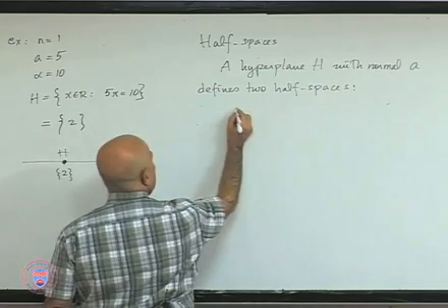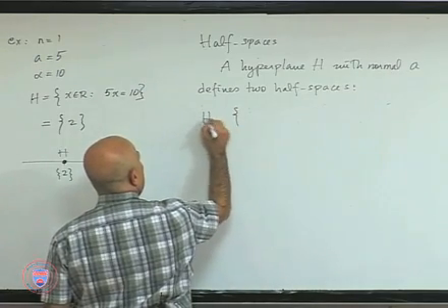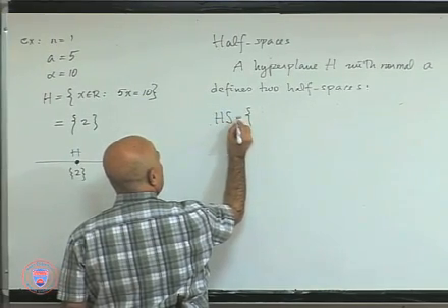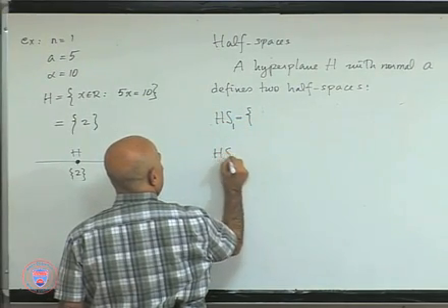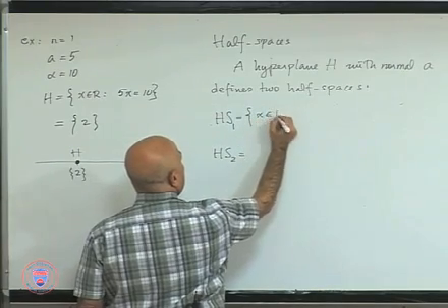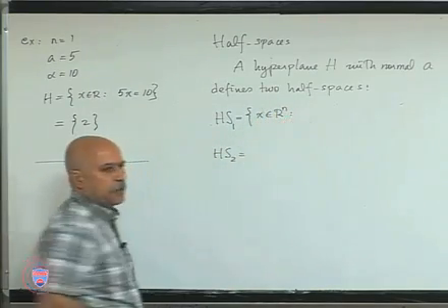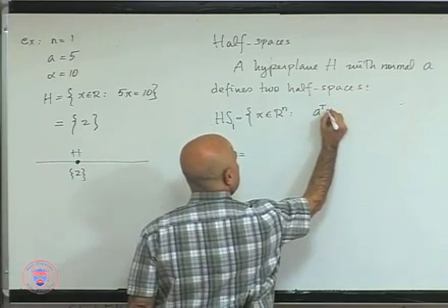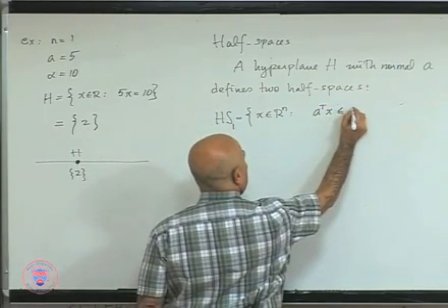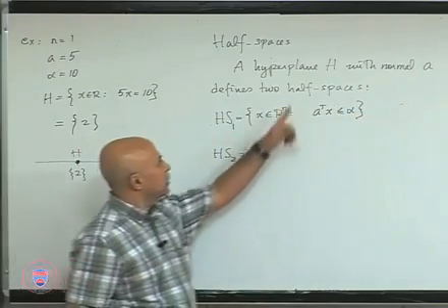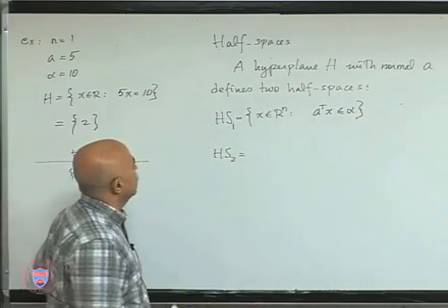If I call them HS1 and HS2, one of them is the set of points x in the same dimensional space such that A transpose x is less than or equal to alpha, where alpha is the defining number for the hyperplane.